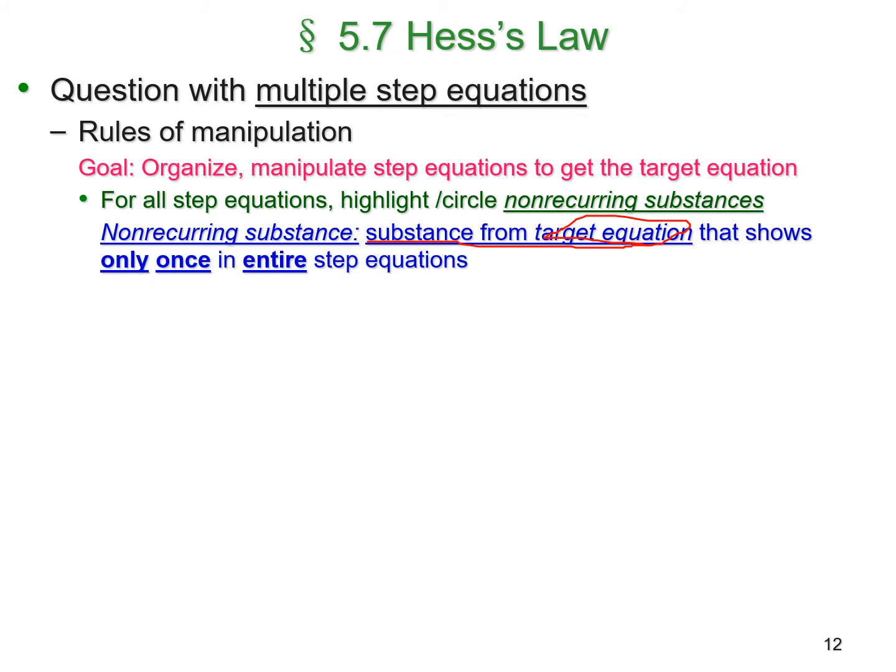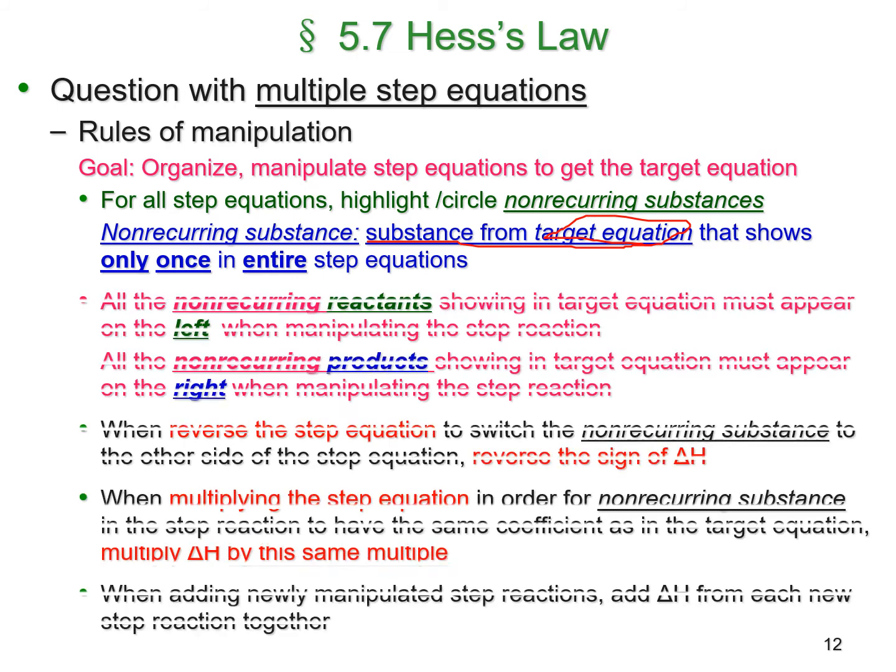We have to find something unique, so we can use this as a reference to manipulate those step equations in order to get the target equation. So finding non-recurring substance is the big piece for dealing with this kind of calculation problem.